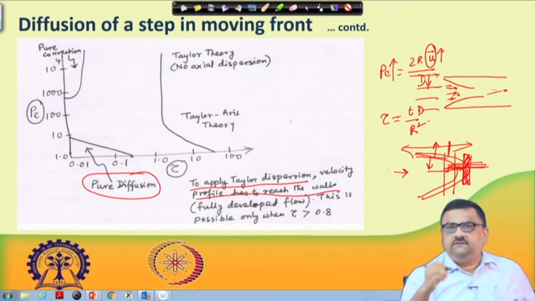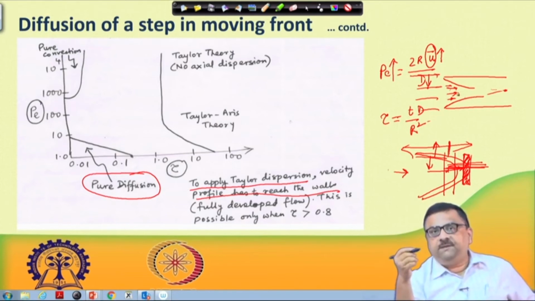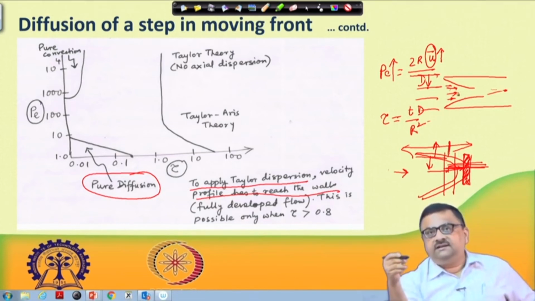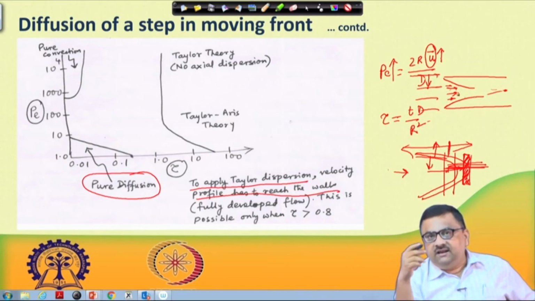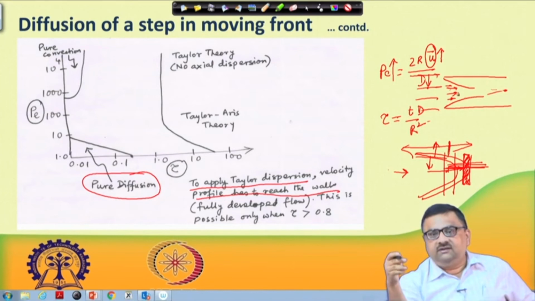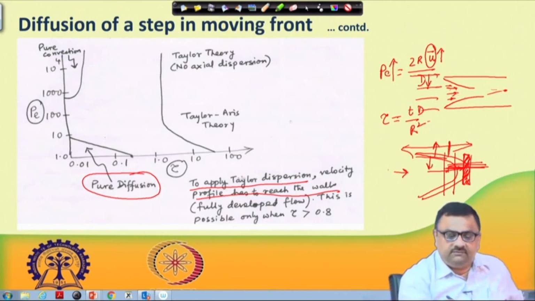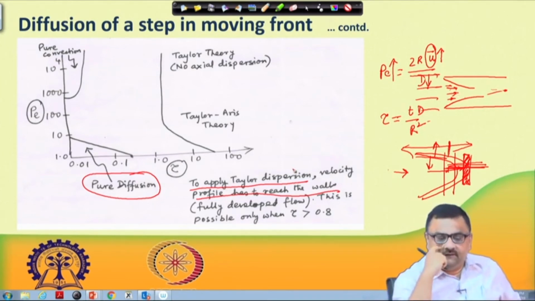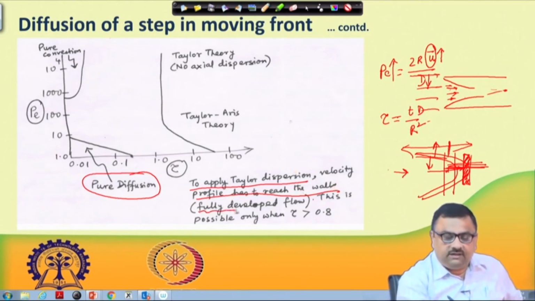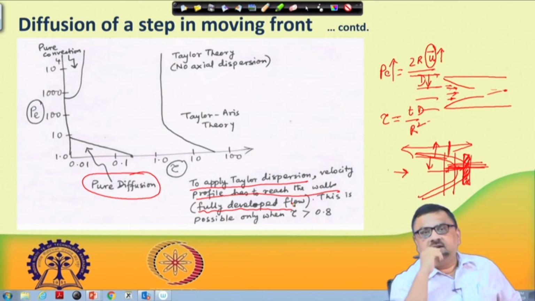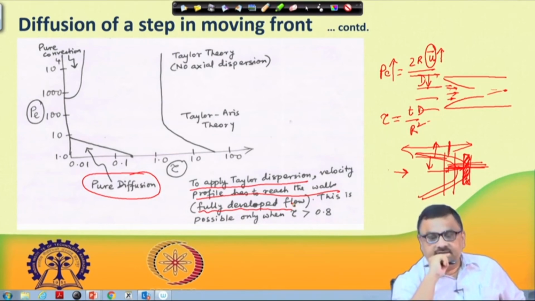So, if the flow is not fully developed, obviously you cannot expect the effect of Taylor dispersion, that means the effect of that pulse getting stretched, that issue does not arise. So, that is why to apply Taylor dispersion, the velocity profile has to reach the wall, that means the flow has to be fully developed, then only this can happen.